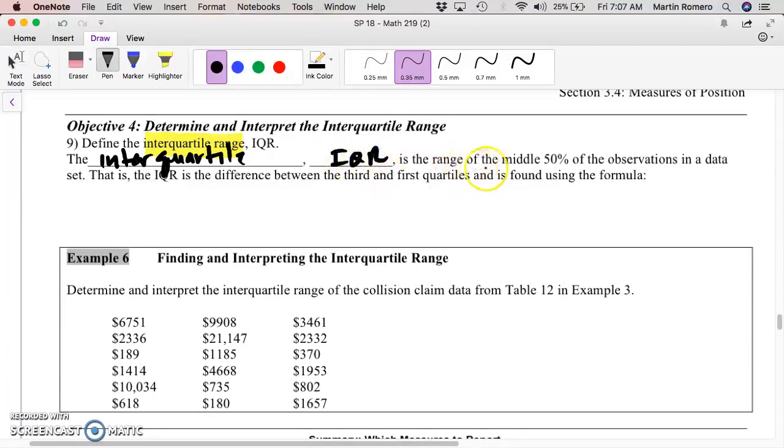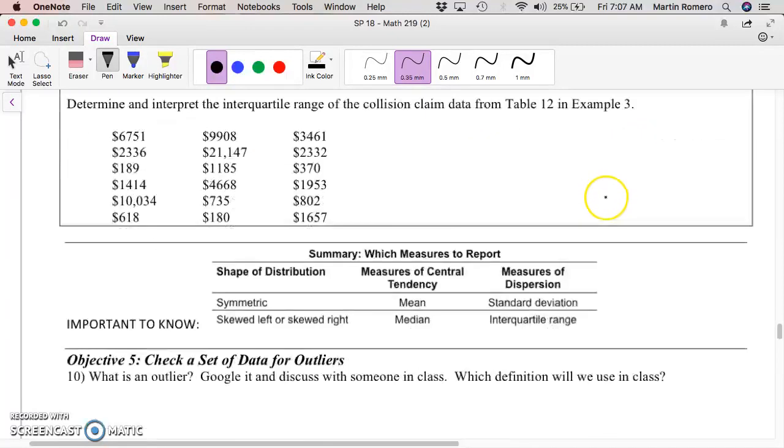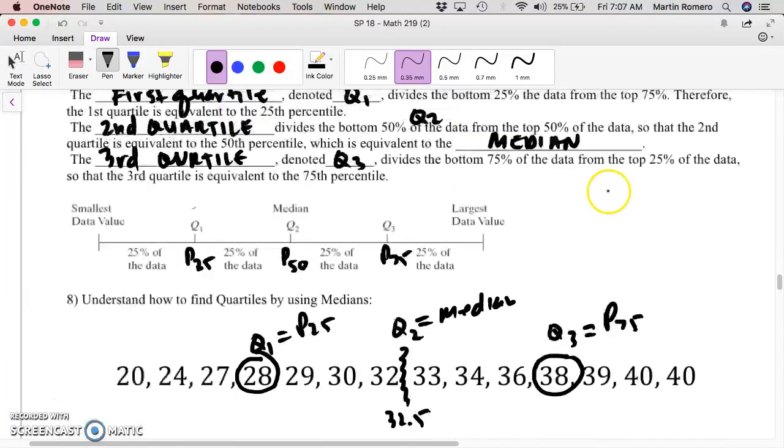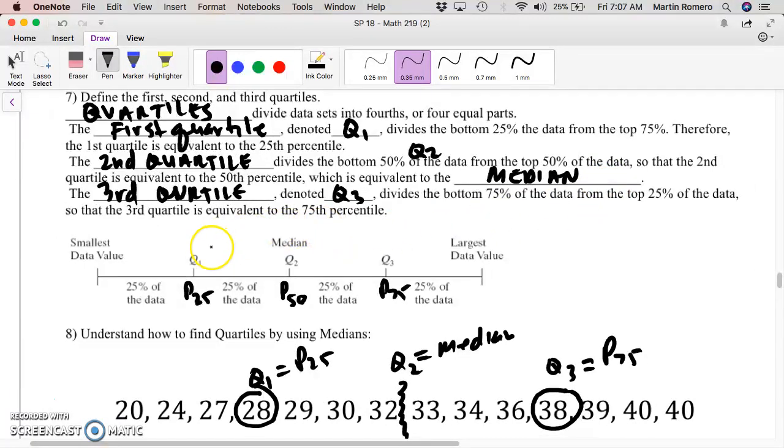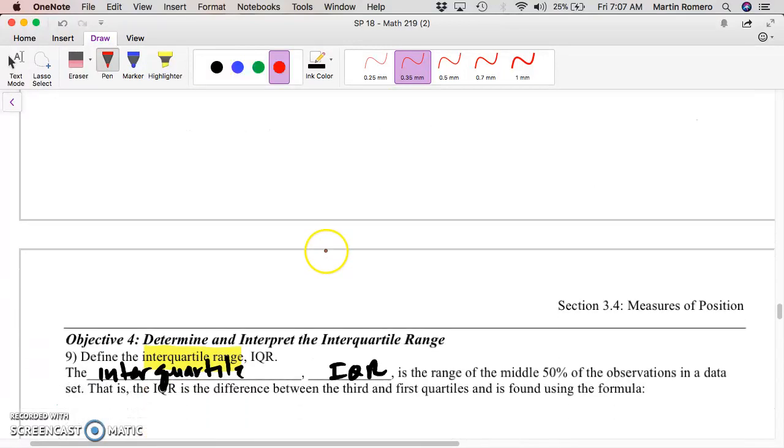I'll say that a lot. It's what's called the middle 50%. What I mean by that, looking at this picture, going back to our notes, is that the distance between here and here is called IQR. That distance right there is called IQR.